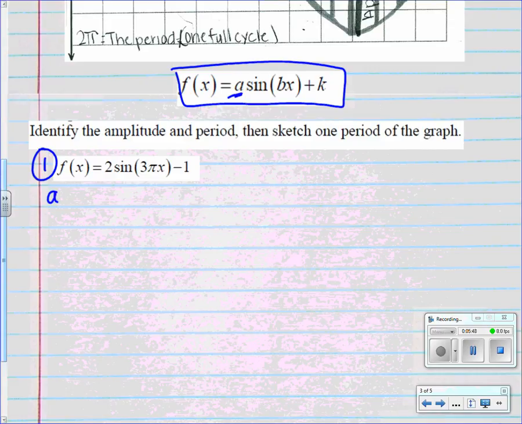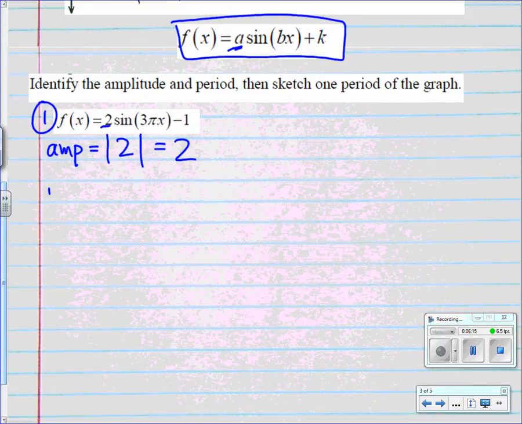So the amplitude, we're going to write this below, and it's always the absolute value of that number. So if it happens to be negative, it will always be a positive, okay? So what's the absolute value of the number in front of sine? It is 2. So the absolute value of a positive 2 is just 2. So that will be the height of each wave from the midline.